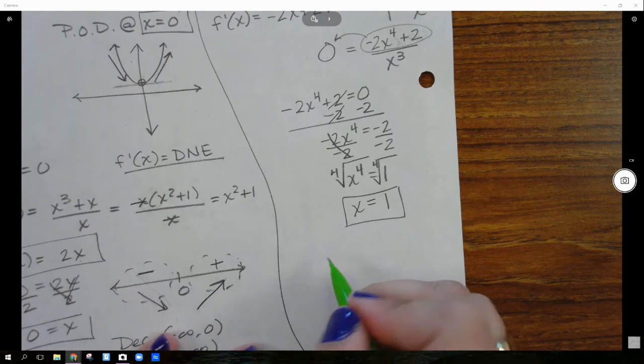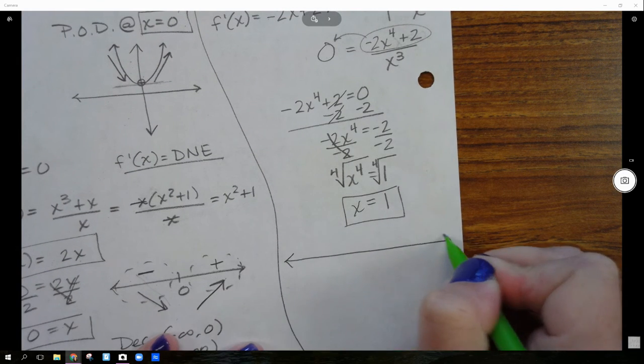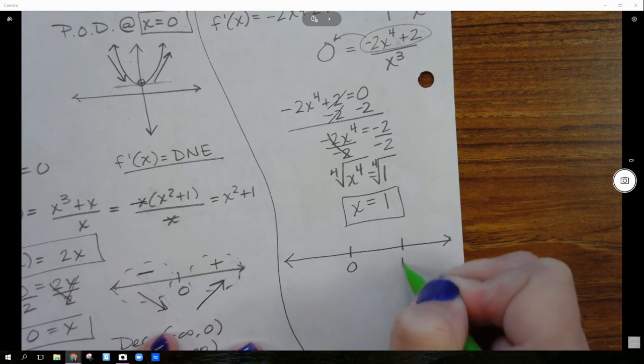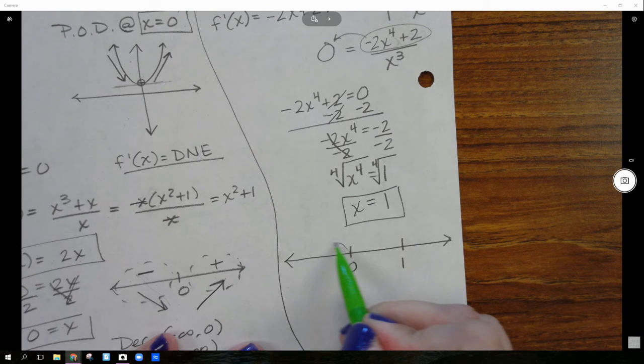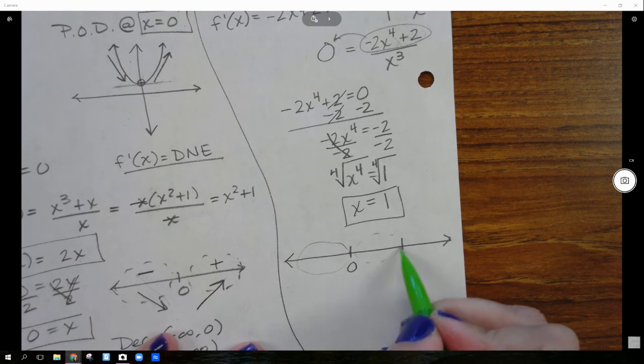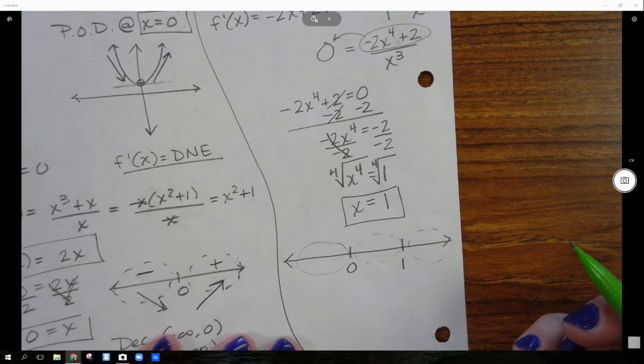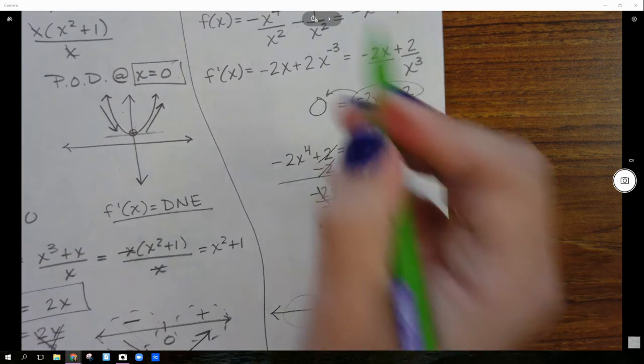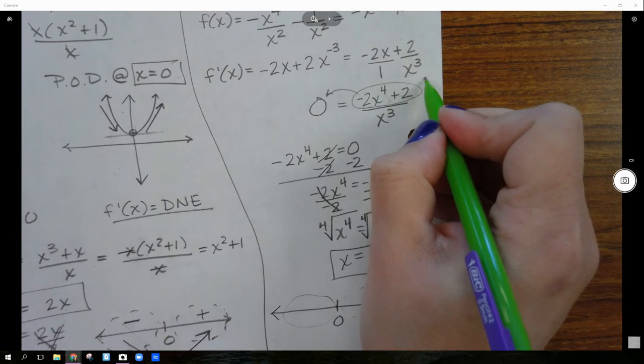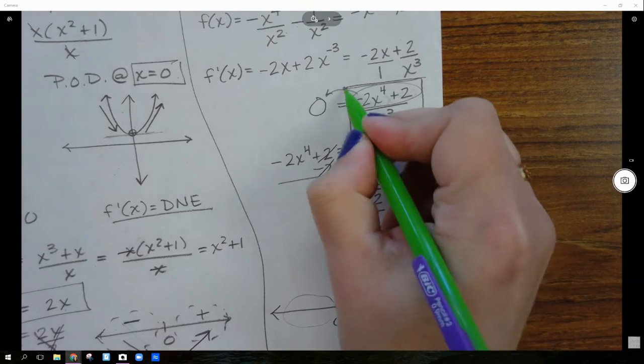Now we're going to use the first derivative test and put it on a number line. So this is 0 and 1. Choose some values less than 0, some values between 0 and 1, and some values greater than 1. Remember, we're plugging them into the first derivative, so we can use this expression right here.